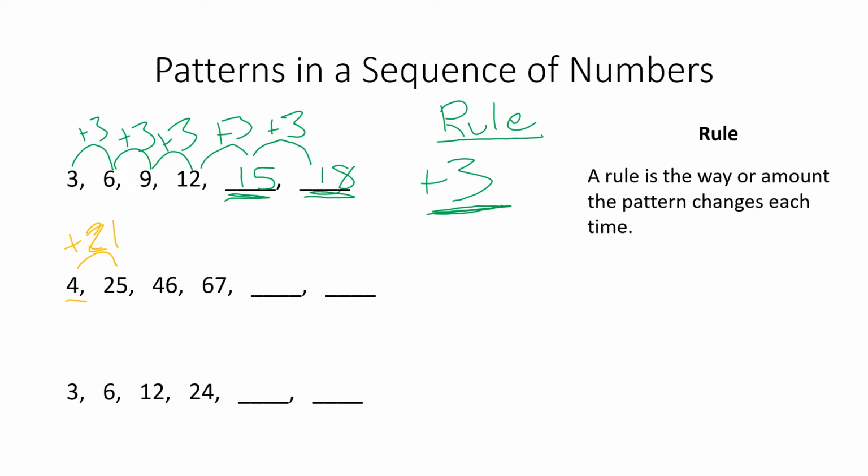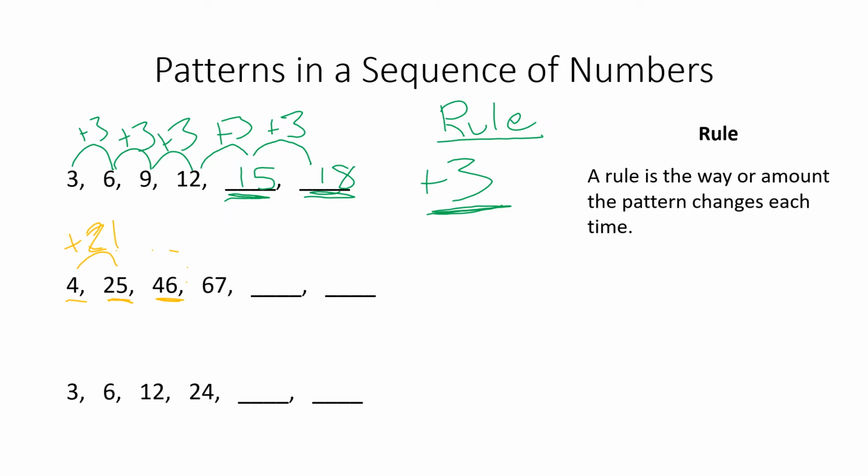Now let's look at, does that still work for going from 25 to 46? Because if it doesn't, then that wouldn't be the rule, okay? You always have to check to make sure that the rule is correct by looking at 2 of the jumps between your numbers.